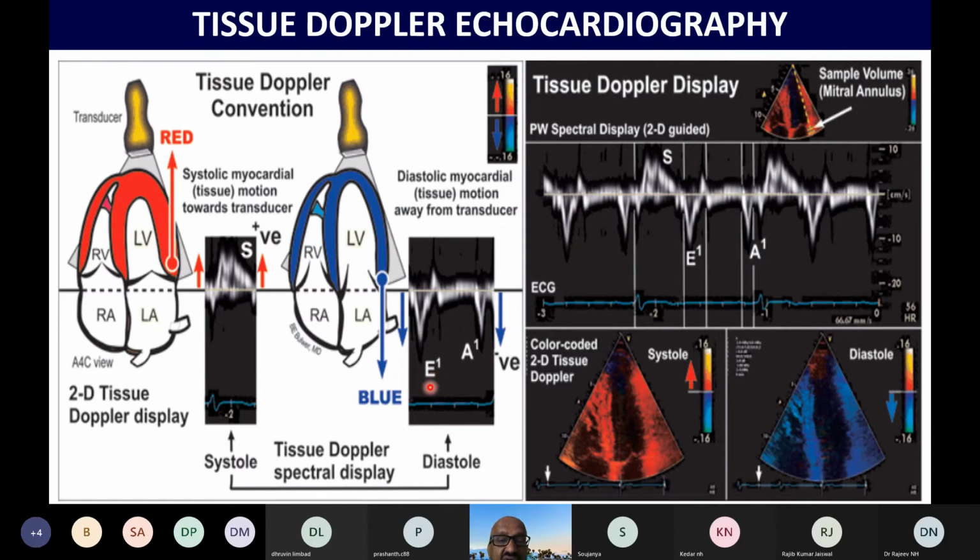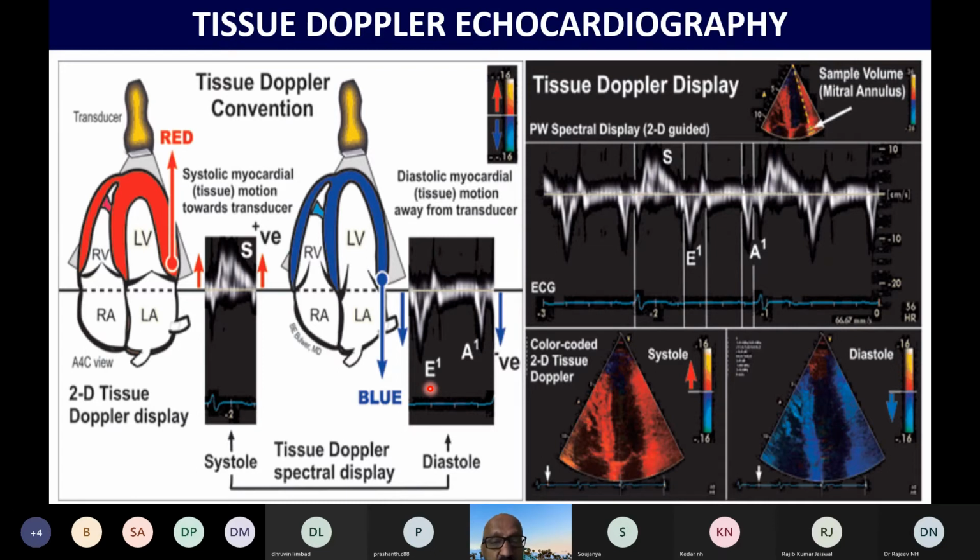And these waves are important when we are looking at the diastolic function. And the important differentiating factor between the mitral inflow velocity and the tissue velocity during diastole is to quantify the diastolic dysfunction.